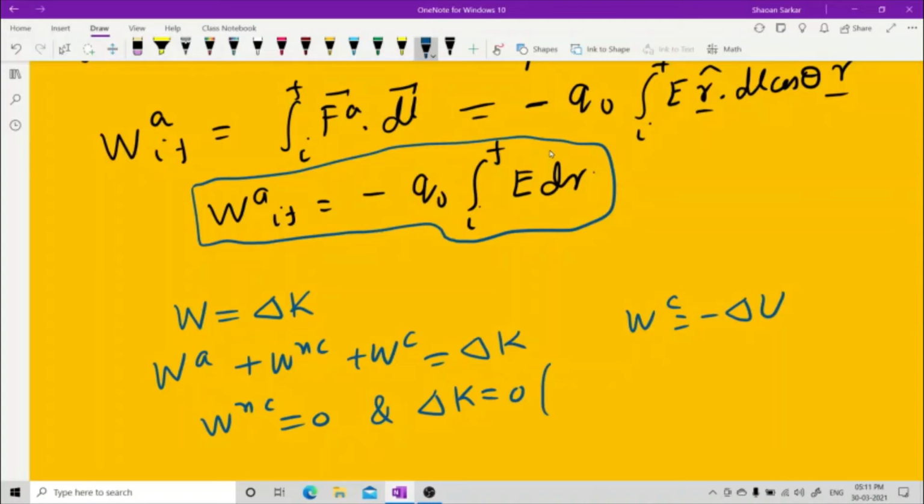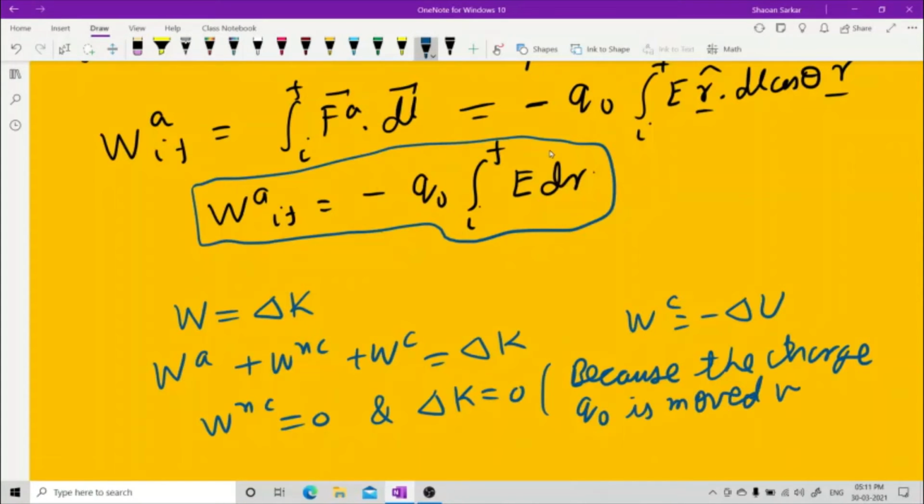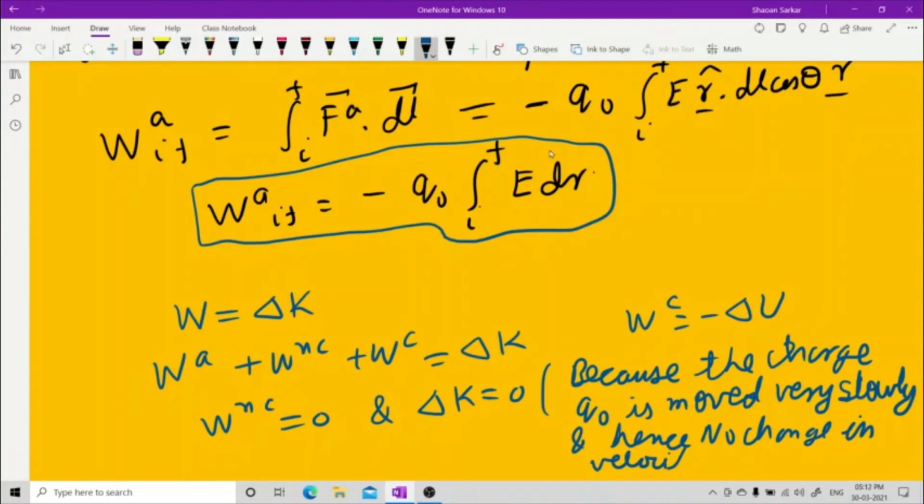Because the test charge q naught is moved very slowly, so there is no acceleration and hence no change in velocity.